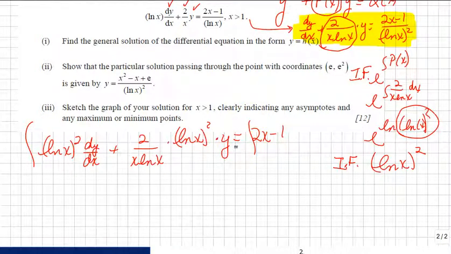Now remember, the trick on the integrating factor and then integrating both sides is the left-hand side is always the result of y times the integrating factor. And you can always check that. So the left-hand side, when you integrate that, you're going to get y times the integrating factor.